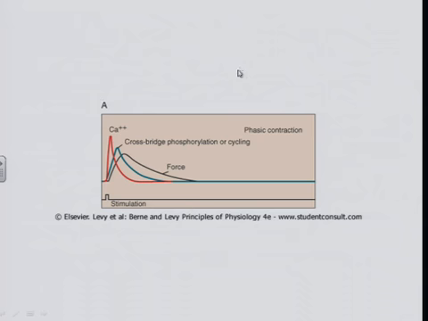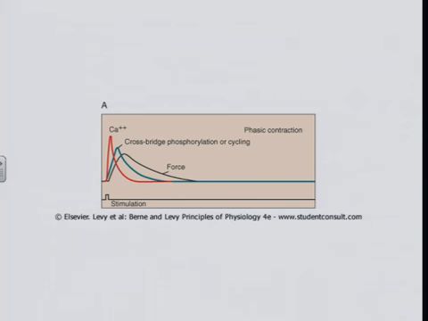And so there are 2 types of contraction generally, although really I think it's a continuum of them. You have phasic contraction and tonic contraction, where you get a stimulus, you phosphorylate things, it cross cycles, you get some force, and it's transient. Transient means it's over and done with. Phasic basically means the same thing.